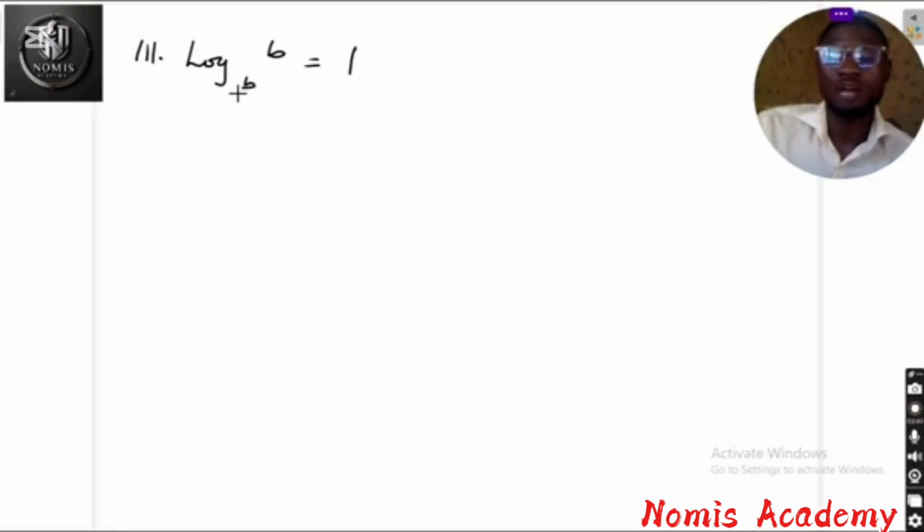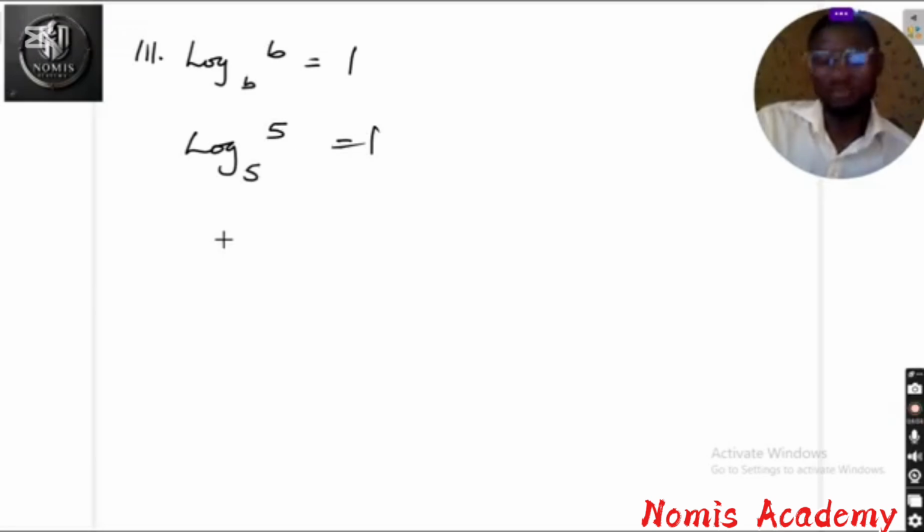So we will see how this is also linked to indices. So let's for instance have log 5 base 5. So log 5 base 5 is equal to 1. You can even confirm that in your calculator. So log of any number of the same base is equal to 1.